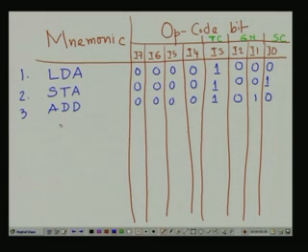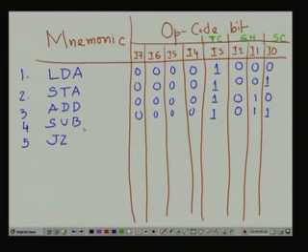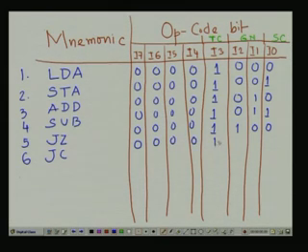SUB, subtract, is the same way. This is 0, 0, 0, 0, and this is an MRI. Obviously, this will be in the same group, and the subcategory is different. Similarly, the jump on zero, JZ, we can define. These are all MRI, as the first 7 instructions were MRI. So, now I2 is 1, so this is group 2. Now, jump on carry, again the same way I can tell that this is a 1 0 group, subcategory 1.